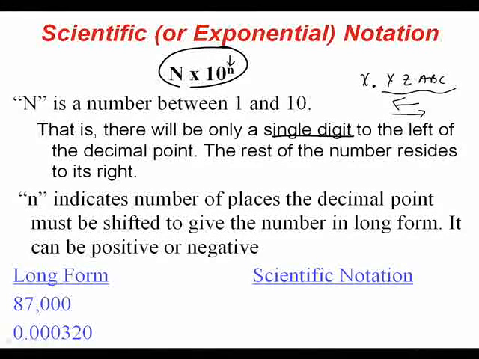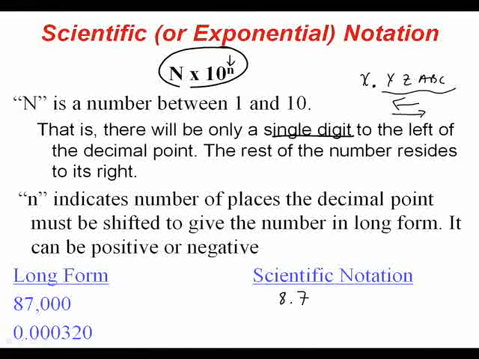Okay, let's look at these two examples. 87,000. In scientific notation, we can only have one digit to the left of the decimal point. Here we go with a 7, and I'm going to tell you right now that there are only two significant figures. So I'm done.